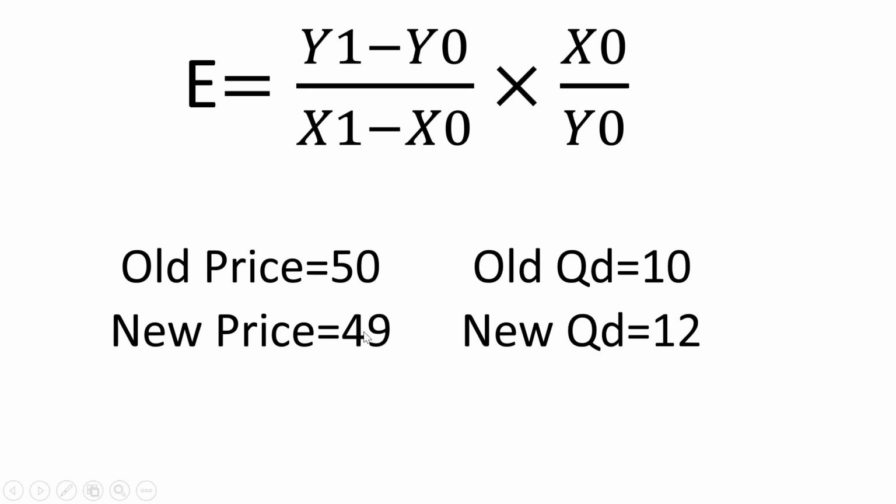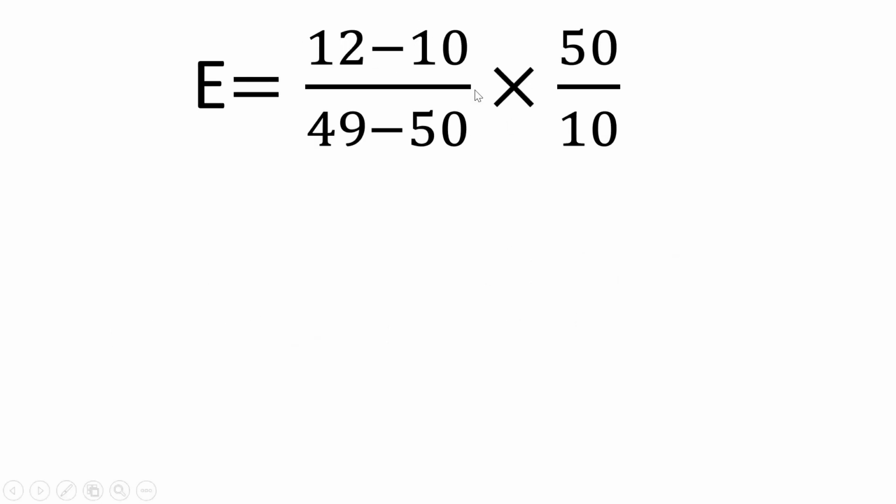We will pick this new price and subtract the old price from it and put it at the denominator. Then when we come here, we will put here the old price, and down here we put the old quantity demanded. And as we do that, this is what we have. When we simplify, we have elasticity to be negative 10. So this is the second way we may be asked to find elasticity.